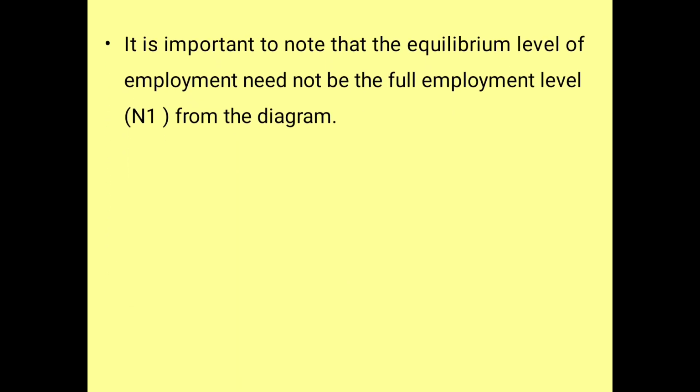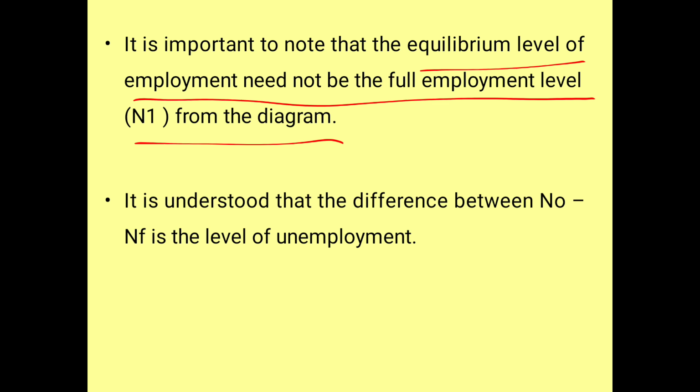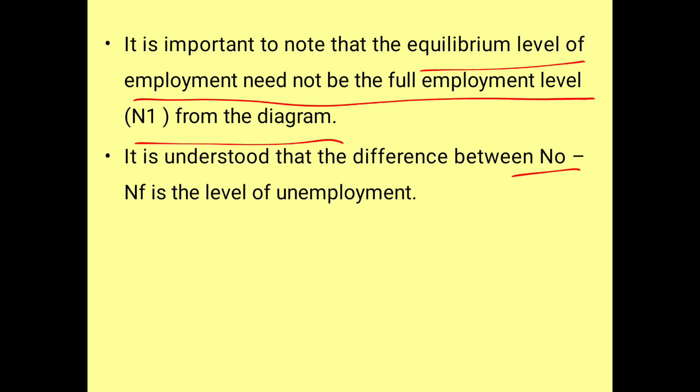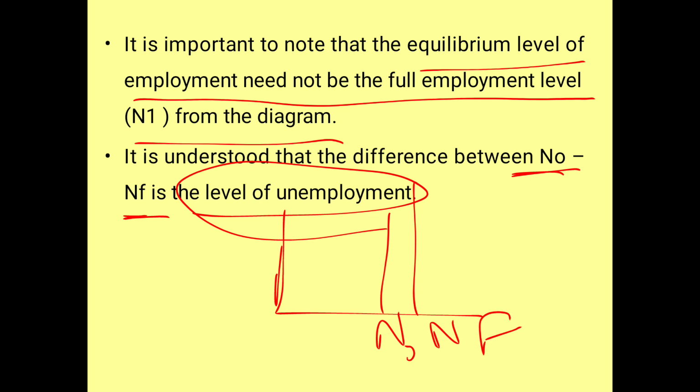So it is important to note that the equilibrium level of employment need not be full employment, and the difference between ON and NF is the level of unemployment. You can see in the diagram, this place where you have ON and after that NF, after this point is called the unemployment level.